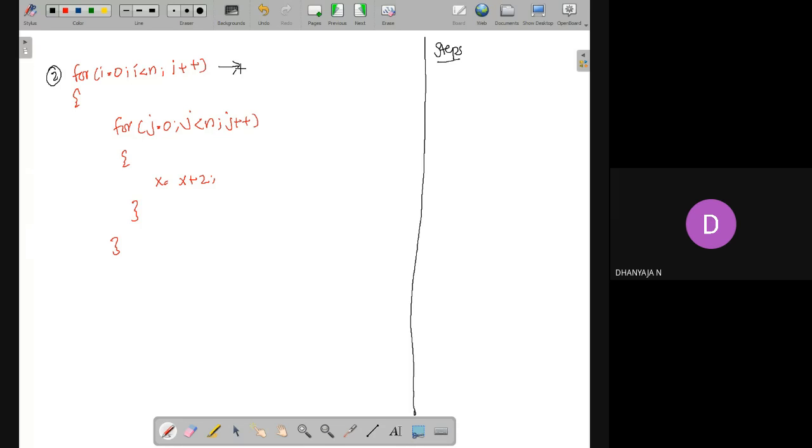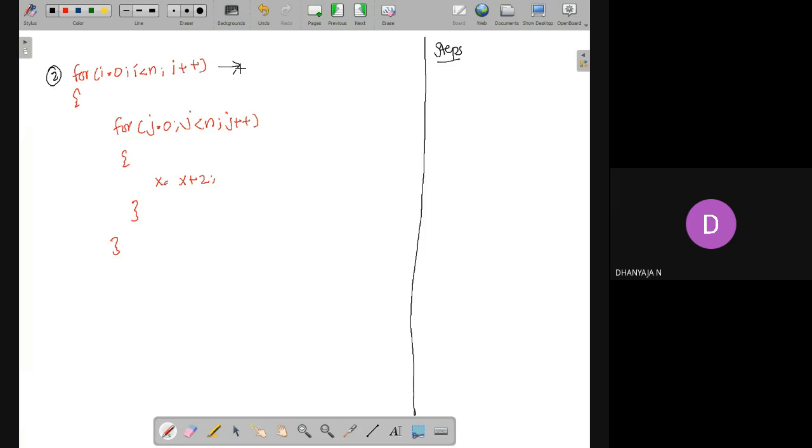If you are clear with the first example, you will be able to answer my first question. How many times will the first for loop execute?